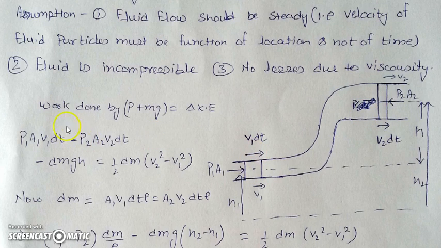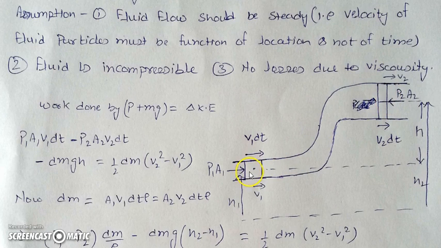So we can say the work done by the force of pressure and the force of mg is nothing but the change in kinetic energy. The work done by this force will be positive and by this force will be negative, force into displacement. The work done by mg will be negative as mg is acting in the downward direction, and the mass between these two cross sections must be equal, as this has moved to this place.